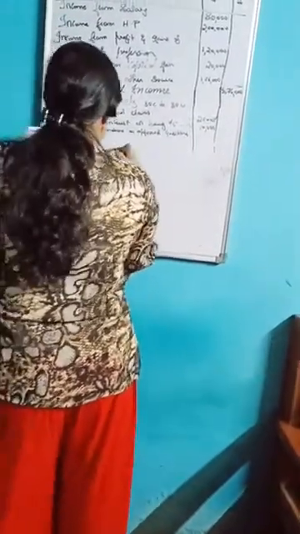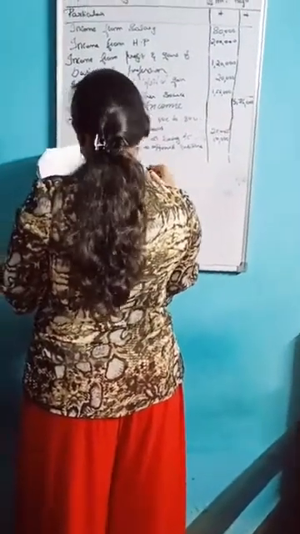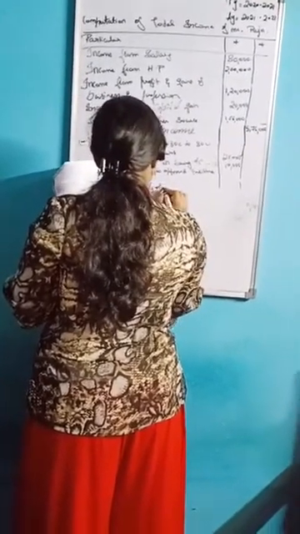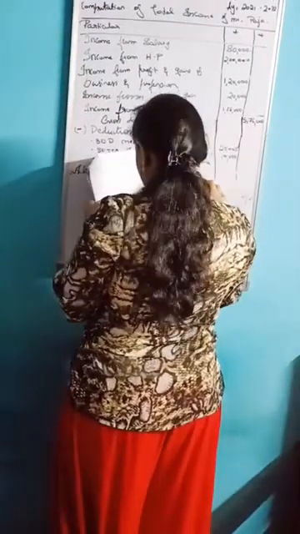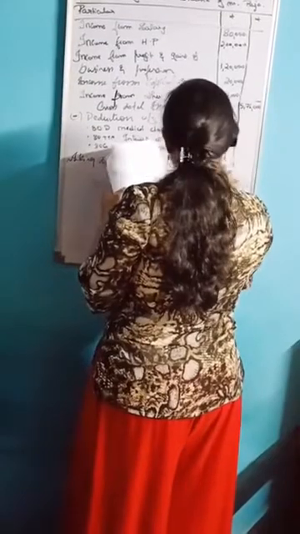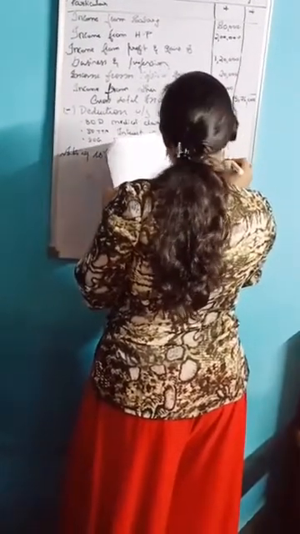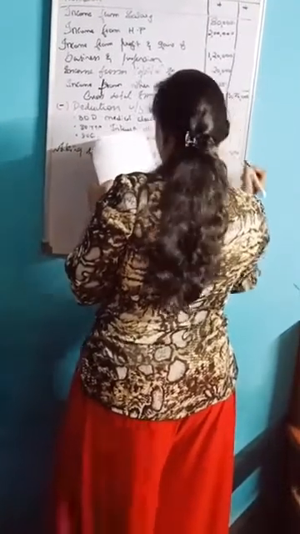So here, this is a formula: Adjusted gross total income is equal to gross total income minus long term capital gain minus short term capital gain.